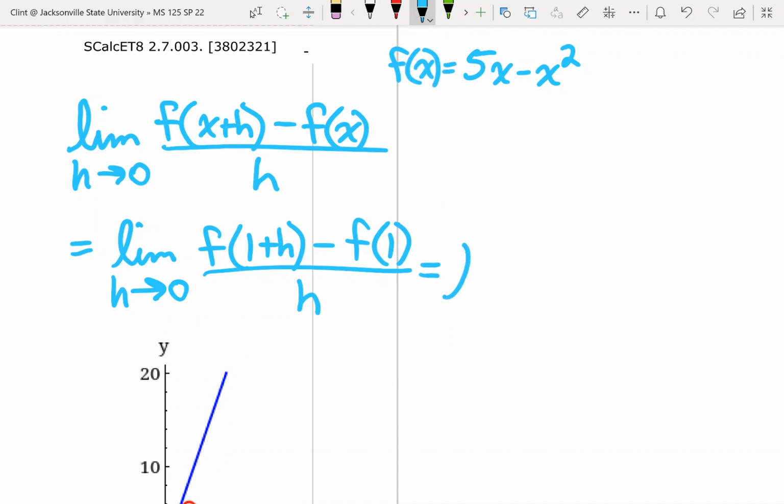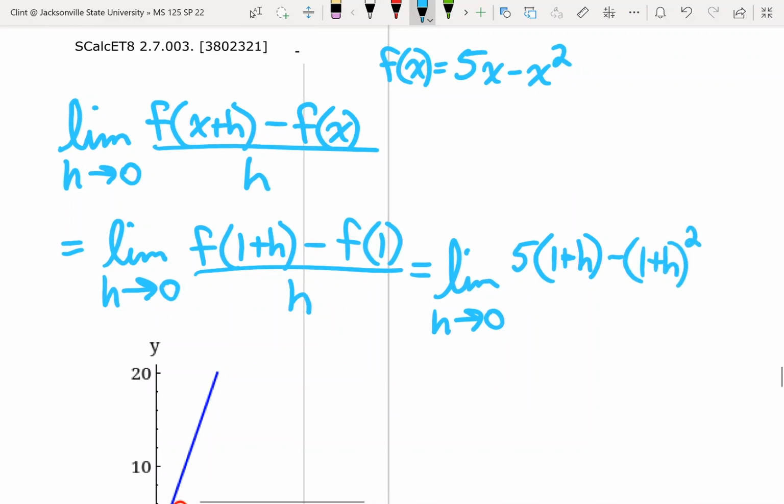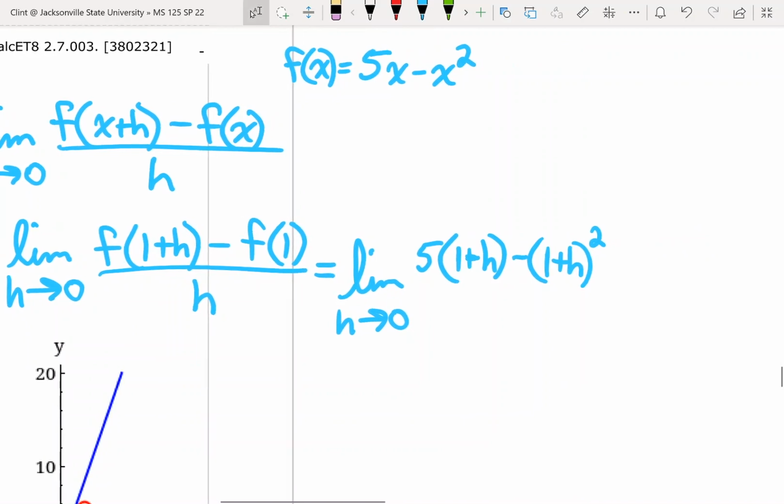When we fill in, we'll have 5 times (1 plus h) minus (1 plus h) squared, and minus, you can go ahead and figure out what we get for f of 1 if you want to.